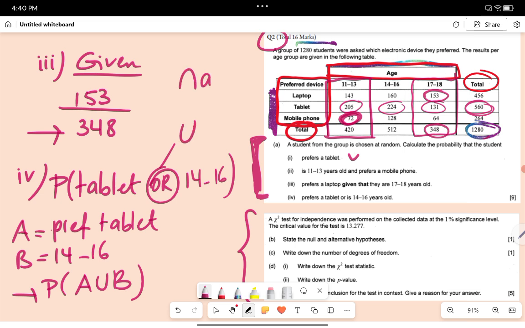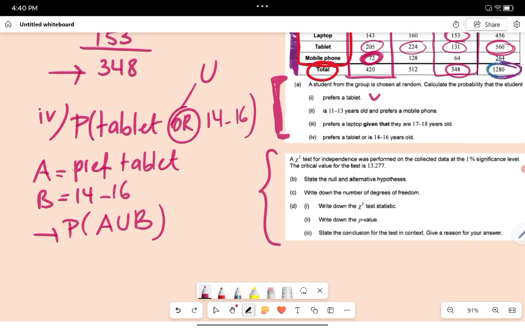This would be and, remember? So we've seen that the probability of A or B is actually the probability of A plus the probability of B minus the intersection of A and B.